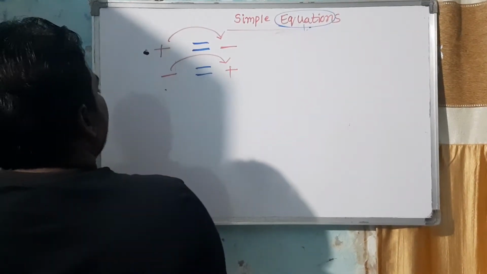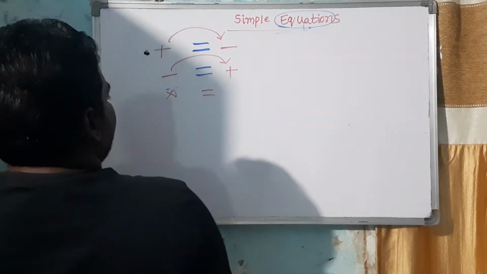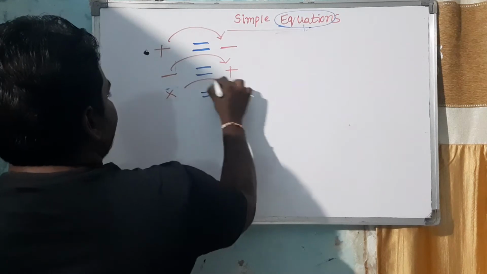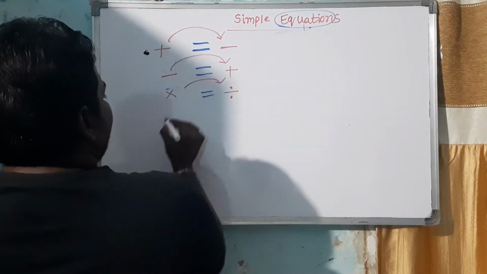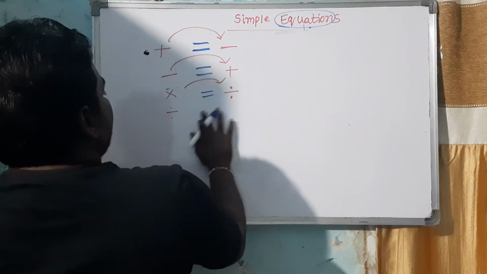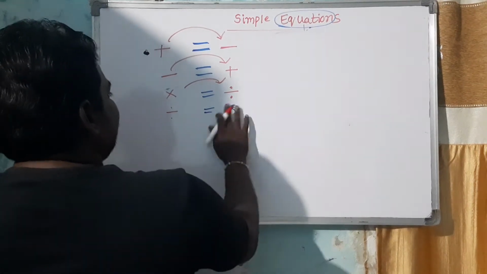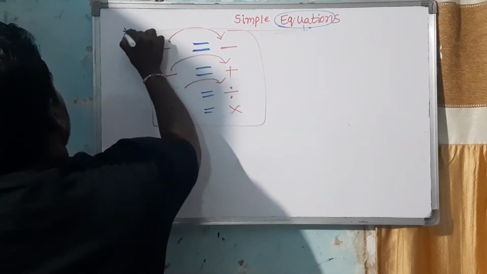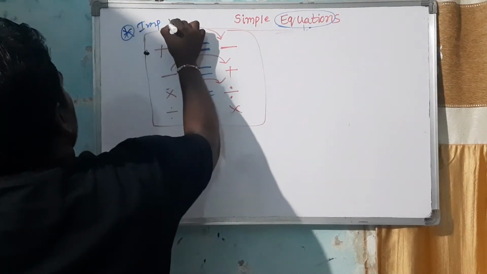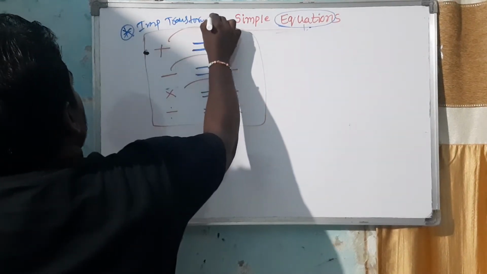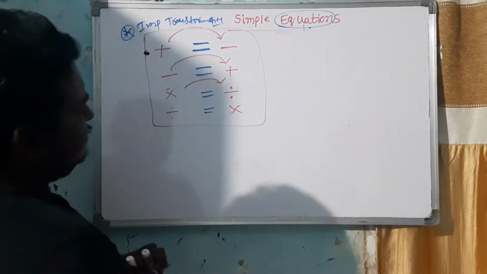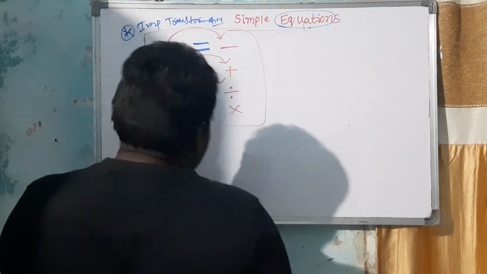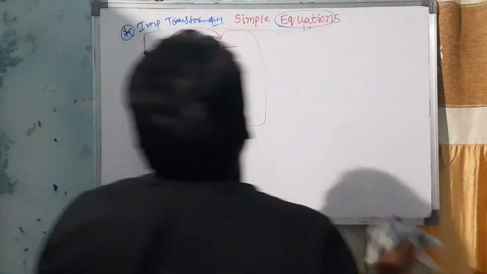If you take into, meaning multiplication, this side, it will be divided by. If you take divided by this side, this will be multiplied here. So these are the transformations, very very important. The straight cancellation cross multiplication technique is also important.